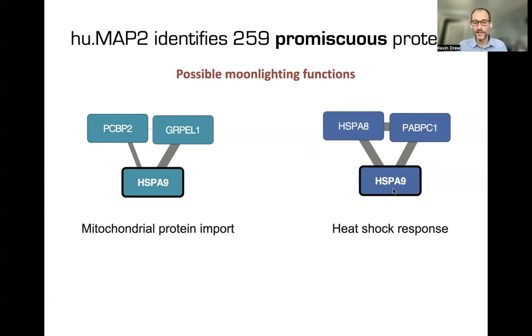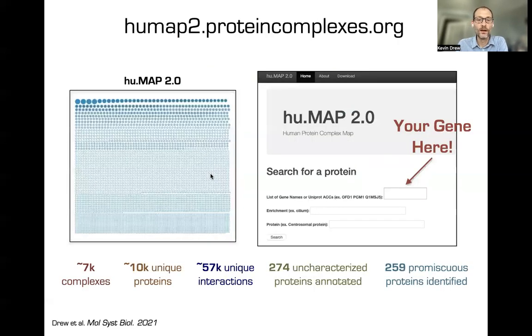HSPA9 is shown here with a heat shock response complex on the right, but it's also involved in another protein complex that's involved in mitochondrial protein import. That was a little bit unexpected to us. There are over 250 examples of this that we've been able to find in our map. These are very exciting examples of moonlighting functions of proteins.